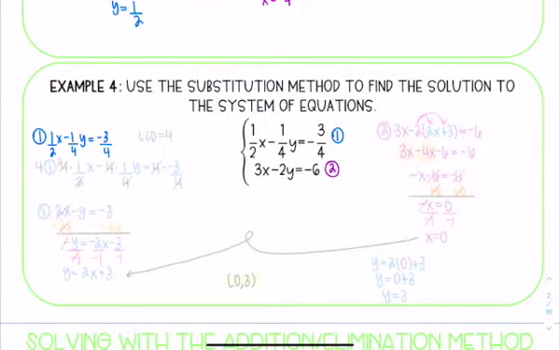And so the least common denominator is going to be 4. And that's what we need to multiply every single piece by to get rid of the fractions.